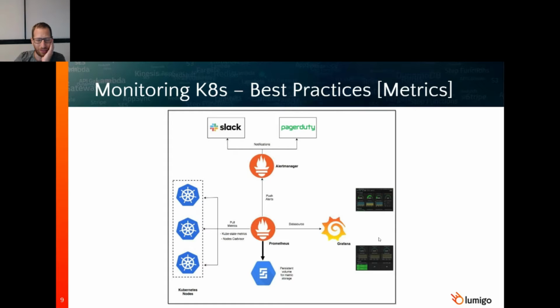That's a very common model, and if you haven't checked this out yet, it would probably be my go-to solution when monitoring Kubernetes today.